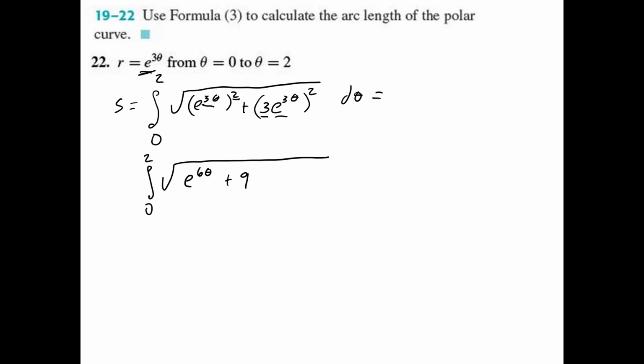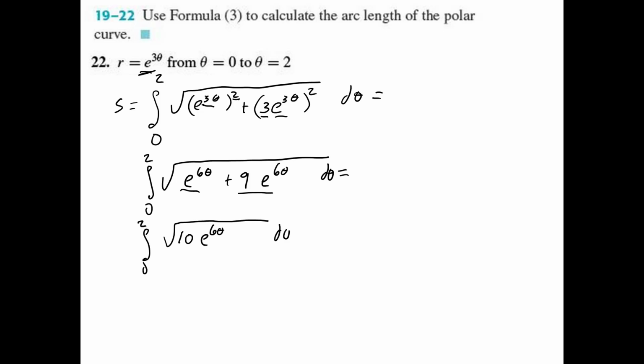The e to the 3 theta gets squared and becomes e to the 6 theta as well. Now you have the definite integral from 0 to 2 of the square root of 10 e to the 6 theta, these are like terms now, you can just combine them, d theta.